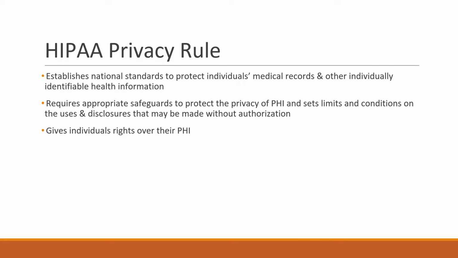It also establishes the rights that patients have over their individual PHI. Some of these rights include the right to establish who is allowed to access their individually identifiable health information. It gives them the right to revoke any signed authorizations, and it also gives patients the right to access their own health information.